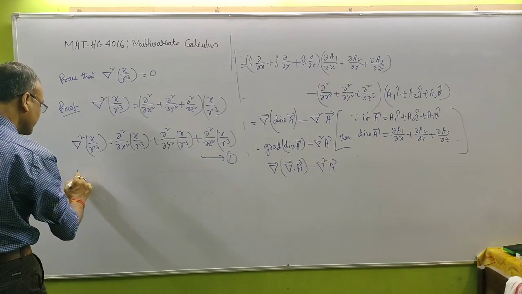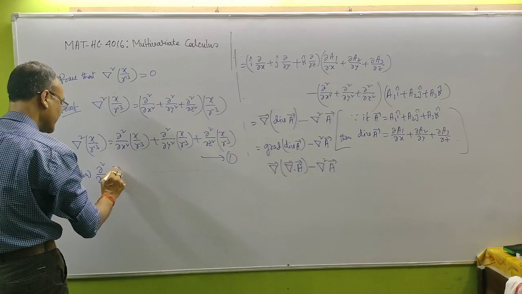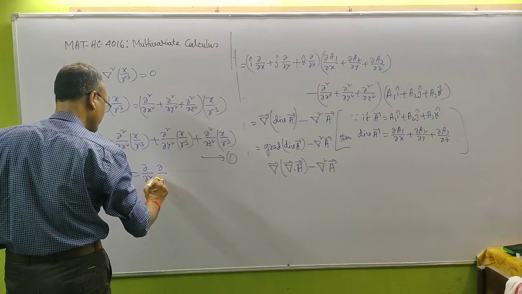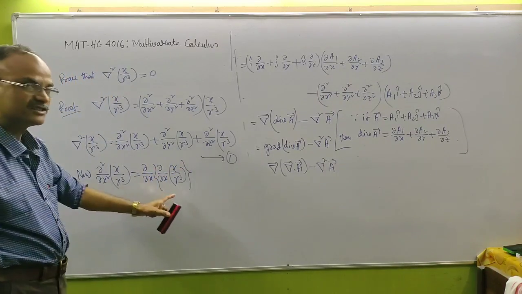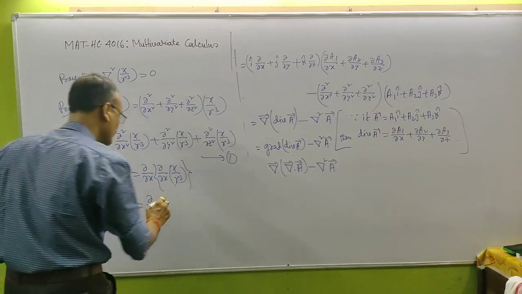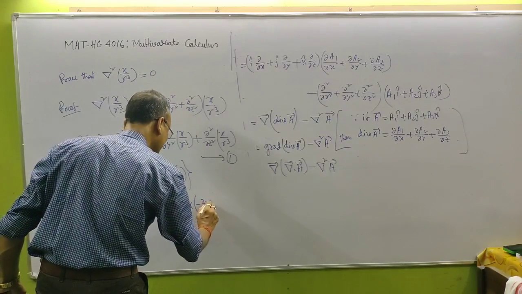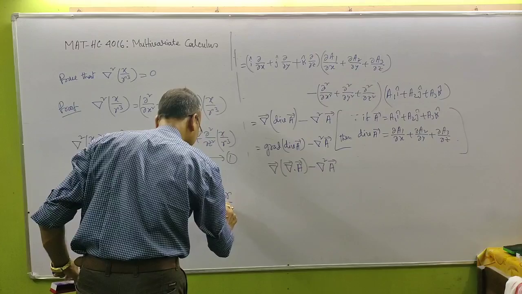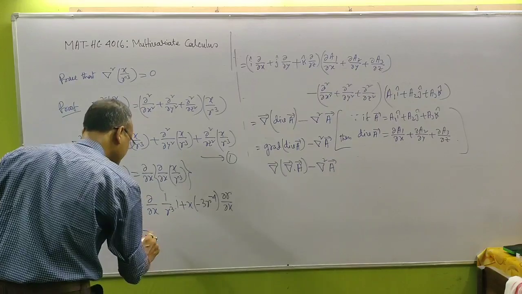Now nabla square, del square by del x square, of x by r cube. This can be written as del by del x of, you may write like this, which is equal to del by del x of, it is the product function, 1 by r cube into 1 plus x into minus 3 r to the power minus 4 del r by del x, with respect to x.